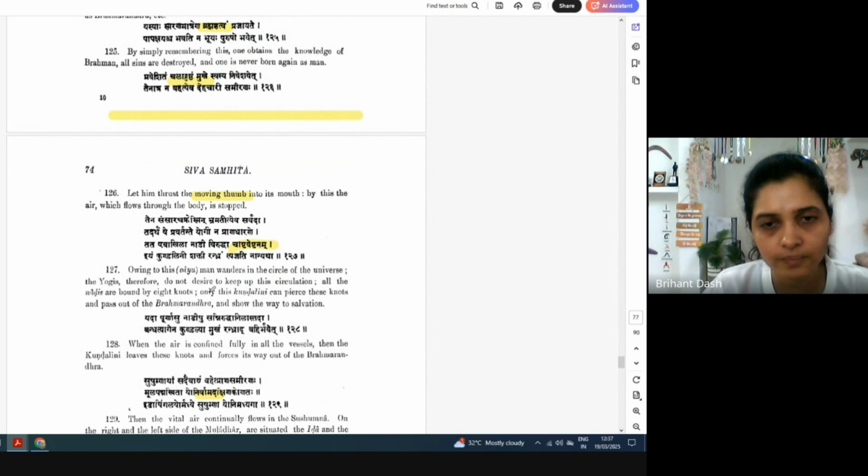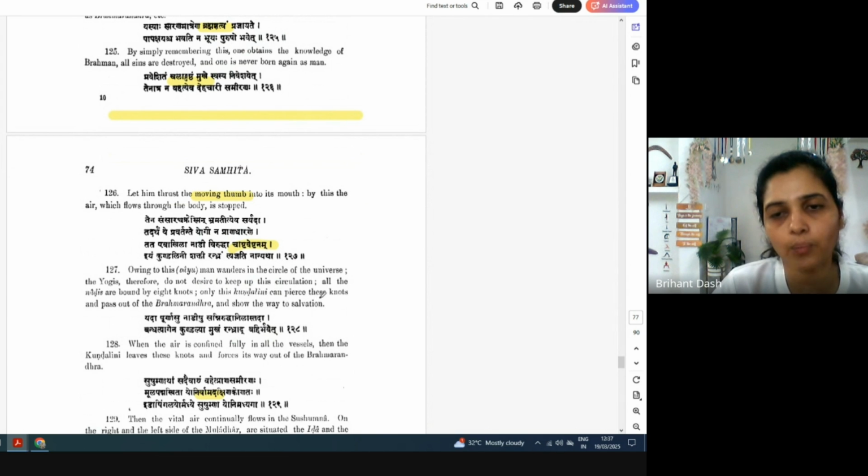Here they are saying Cha Ashtaveshanam. All the 8 knots will be removed if you do this practice. Tena sansara chakresman bhramati eva sarvada tatharthi pravante yogina pranadharanam tatai eva kilam nadi viruddha chashta veshtanam yam kundalini shakti randra tajati nayatha. Only this Kundalini can pierce these knots and pass out the Brahmarandra and show the way to salvation.